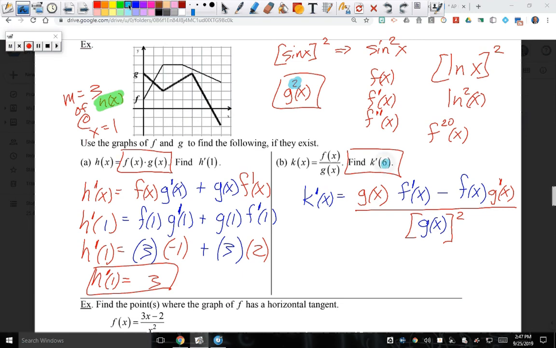All right, here we go. 6 is now going to be placed here, here, here, here, and here. Anyone, what's g of 6? 1, 2, 3, 4, 5, 6. Yep. What is f prime? Let's go with Nate. What is f prime at 6?